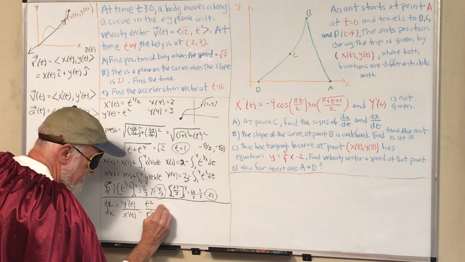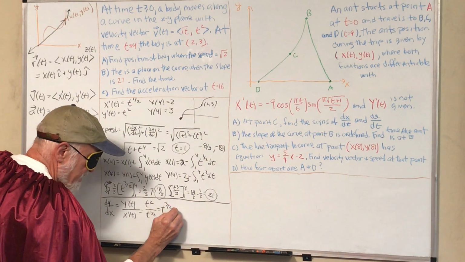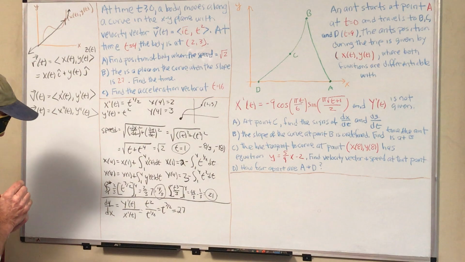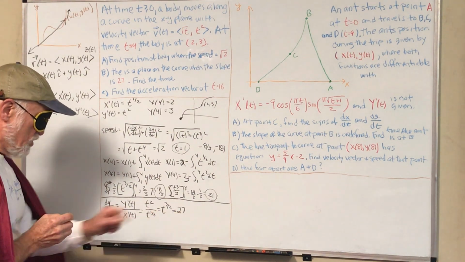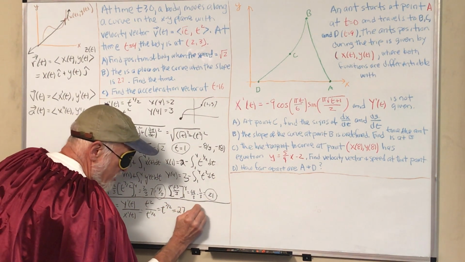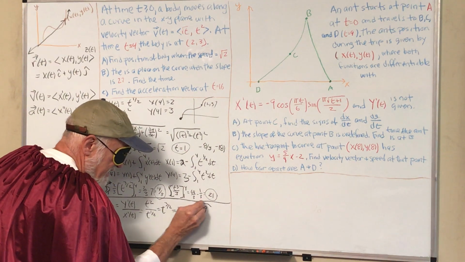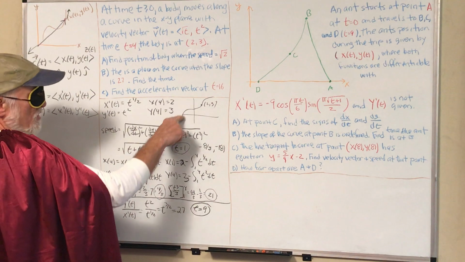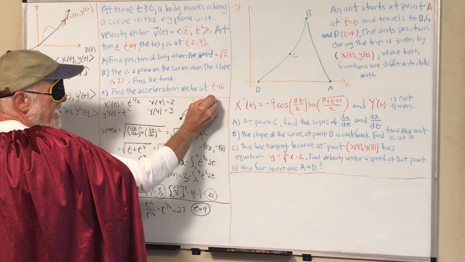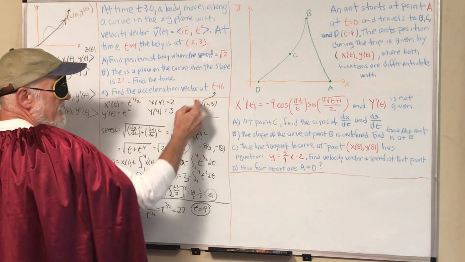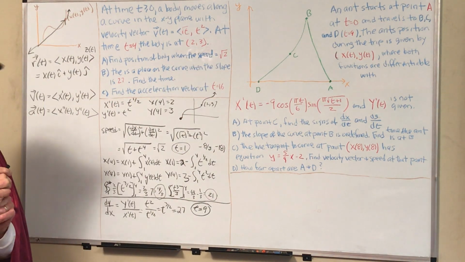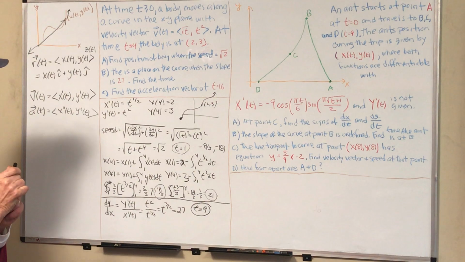So altogether you get t to the 3/2. And if I want to know the time that equals 27, it's just 27 to the 2/3 power, or t equals 9. So we know the position at time 1, we know the position at time 4, and somehow this path starts getting pretty steep because the slope is 27 by the time you get to time 9.